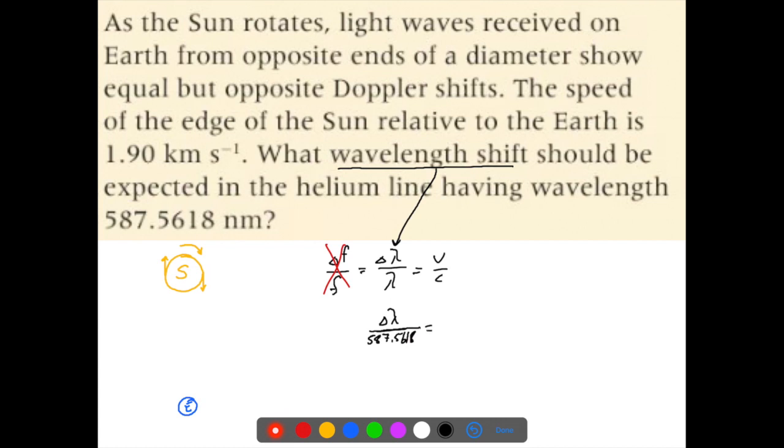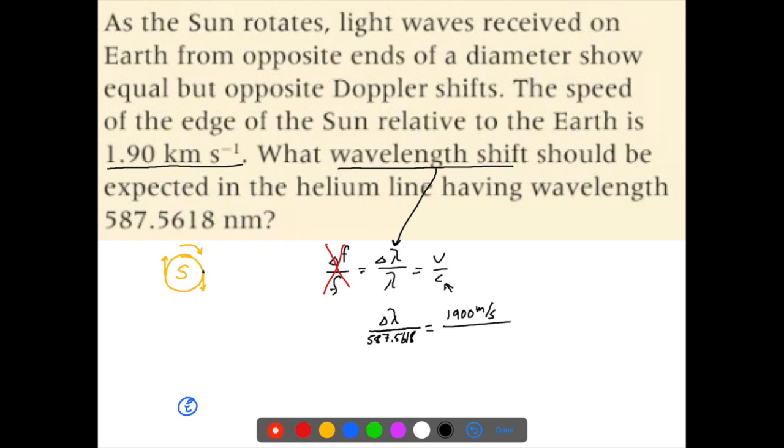Over here, we're going to go equals the velocity. The velocity of those particles rotating on the edge of the sun is 1.90 kilometers per second. Now, I know that C is in meters per second, so I am going to write this velocity as 1900 meters per second.